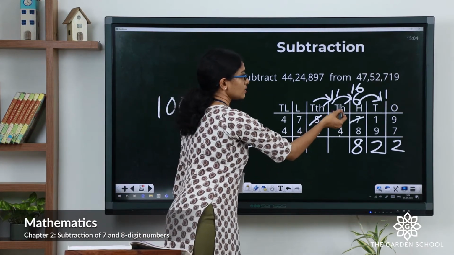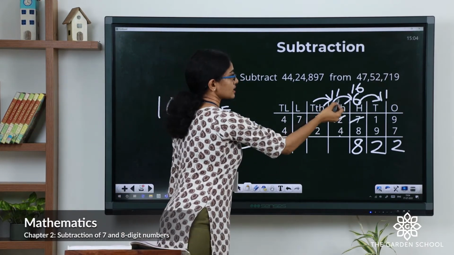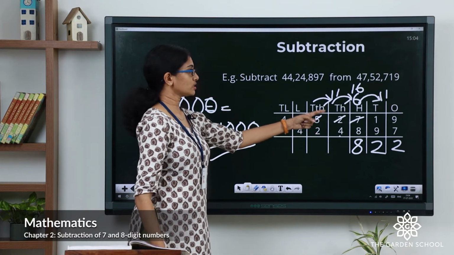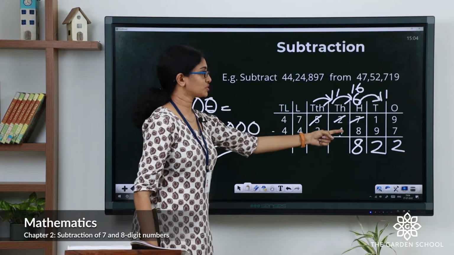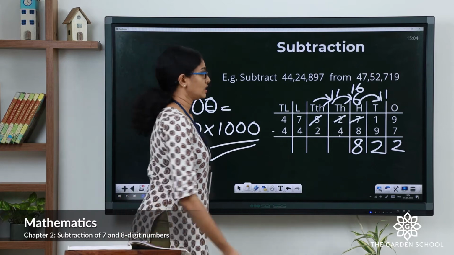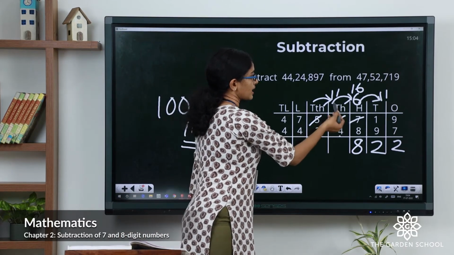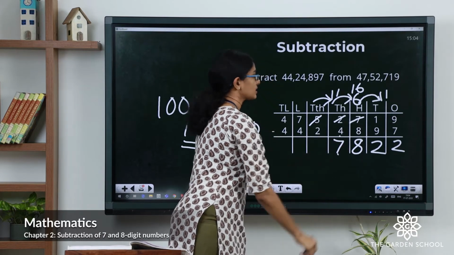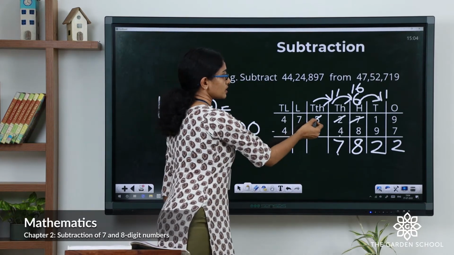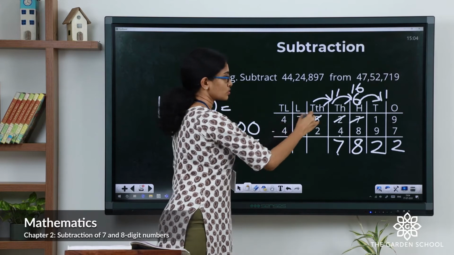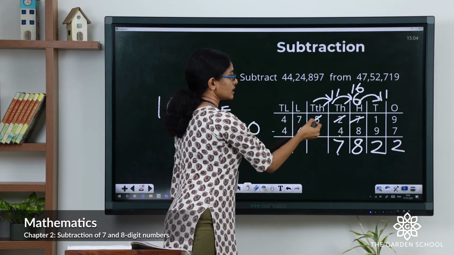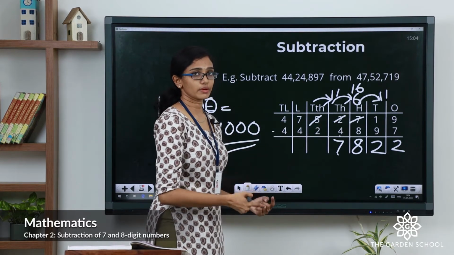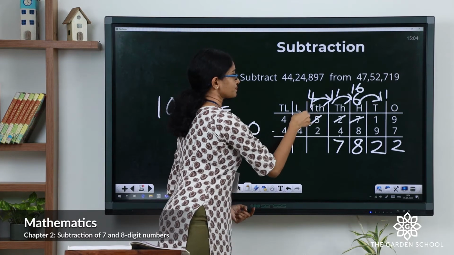So here we have that 10 plus this 1000, a total of 11 thousands in the thousands place. So now we can do the subtraction. 11 minus 4, it is 7 thousands. So since we gave 10,000 to the thousands place, here instead of 5, it became 5 minus 1, 4.